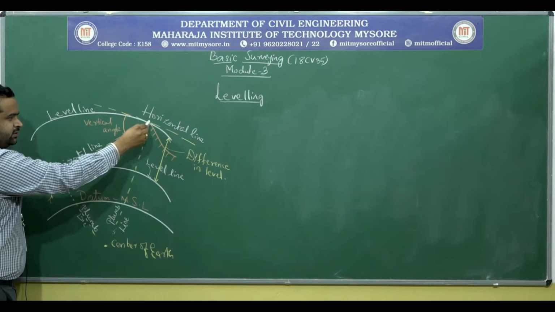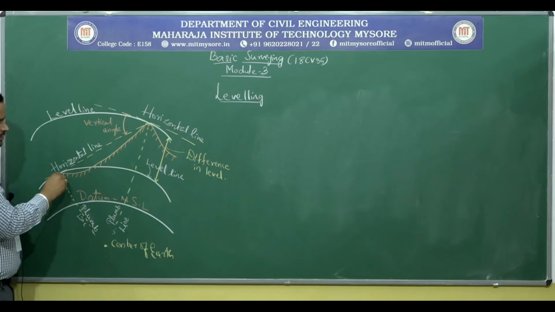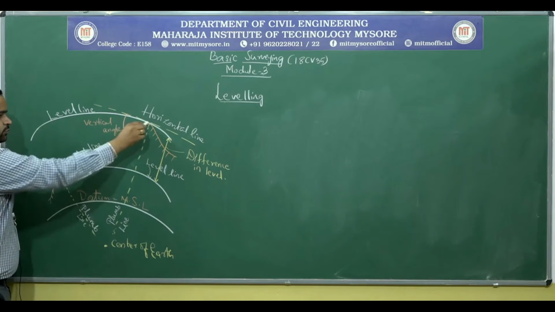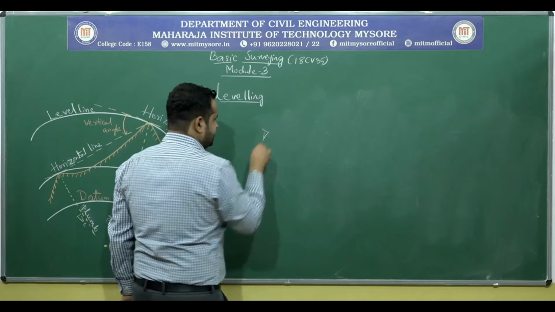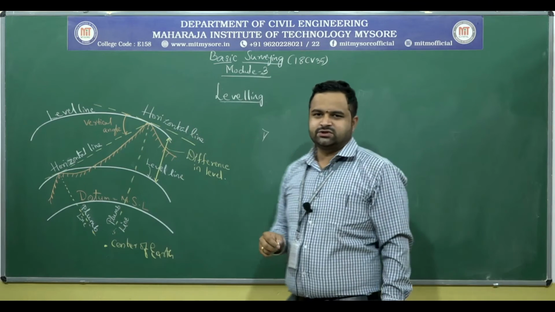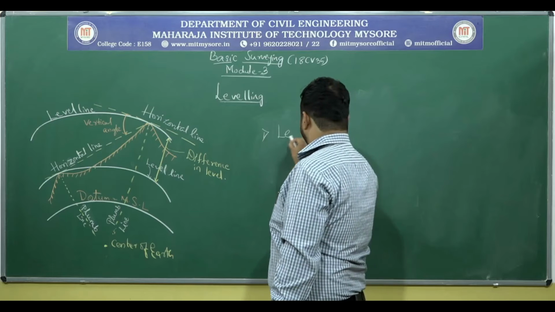At this point we can say it is a hill. When we come to this point, there is a difference in level between these 2 points, right. This surface is nothing but the earth surface which is curved, fine. Now let us understand some of the basic terms used in leveling, that is level surface.